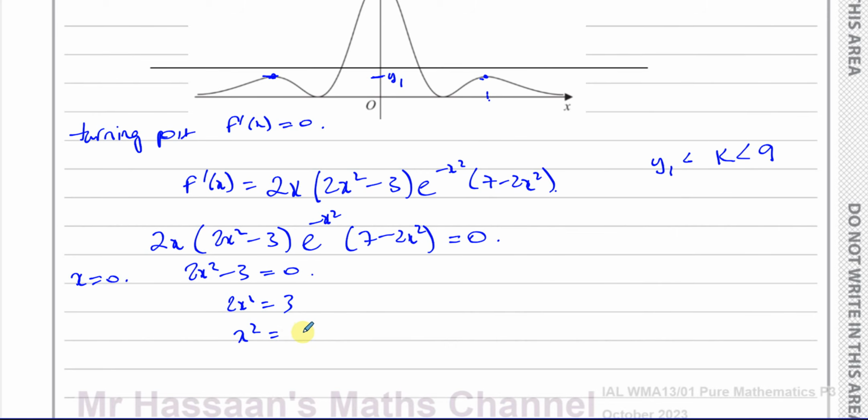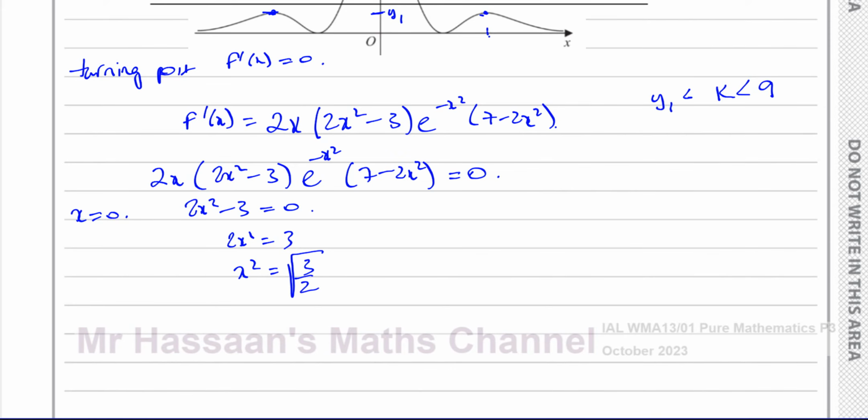So x squared is equal to 3 over 2, so x is equal to plus or minus the square root of 3 over 2. We can simplify this: it's root 3 over root 2, multiplied by root 2 over root 2. It's going to be plus or minus root 6 over 2.